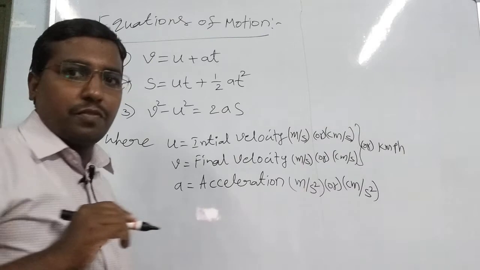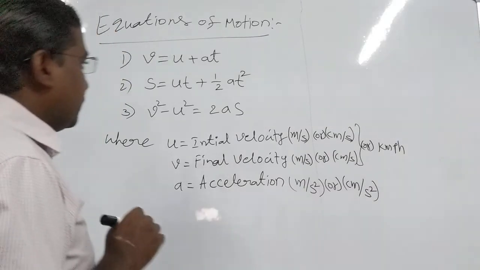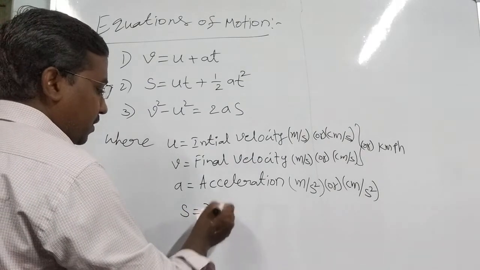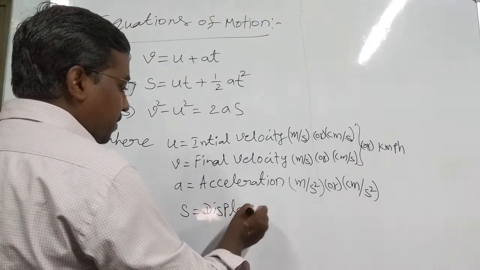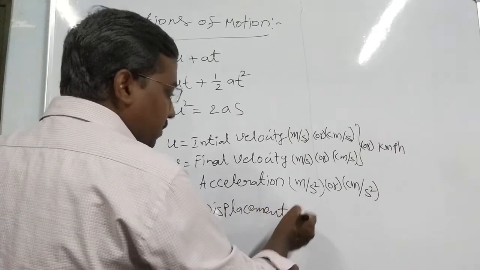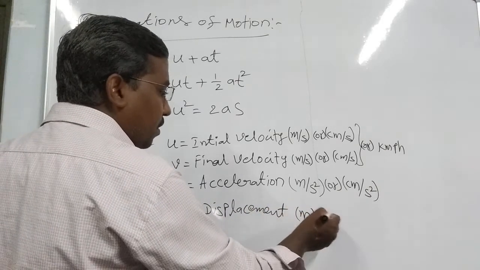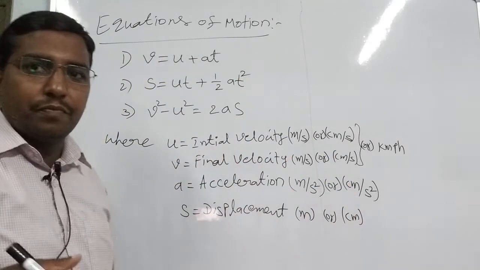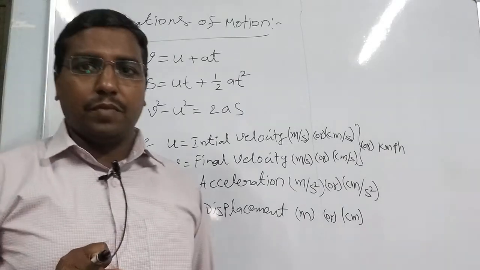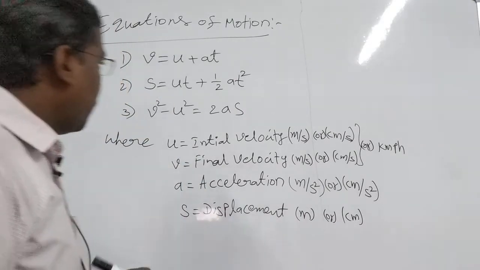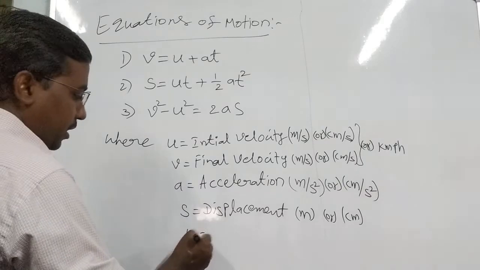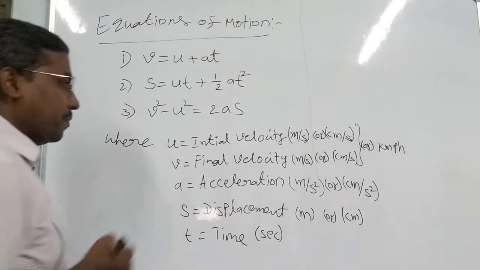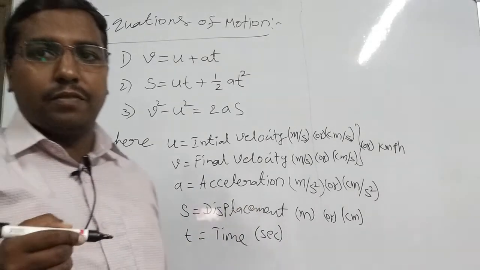There are no other units. s is the displacement, which is also measured in meters, centimeters, kilometers, miles, etc. Finally, t is the time taken. Time units are seconds, minutes, hours, years, etc.